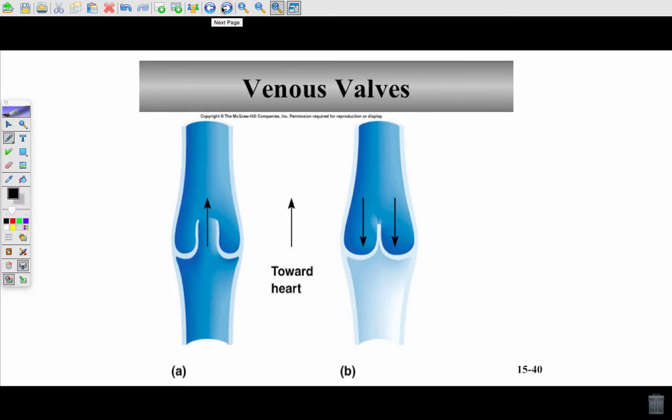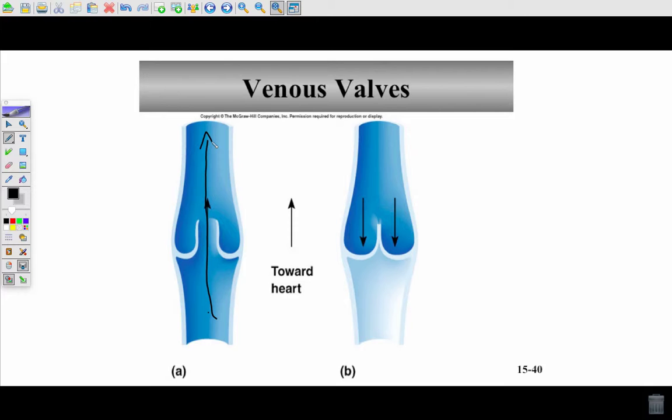All right, so this is where we talk about the valves. Because material passing through the veins is under a very low pressure, the blood pressure doesn't really force the material through as much.